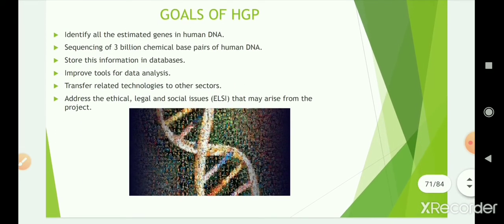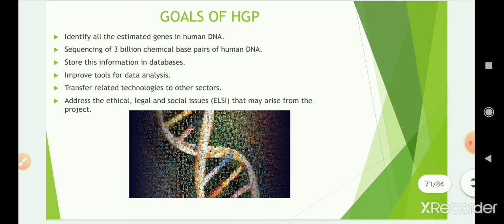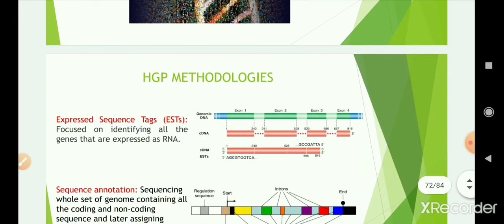There are different goals of HGP: identify all the estimated genes present in human DNA, then sequence the 3 billion chemical base pairs of human DNA, then store this information in databases, improve tools for data analysis, transfer related technologies to other sectors, and address the ethical, legal and social issues that may arise from the project. So these are the different goals for the HGP.